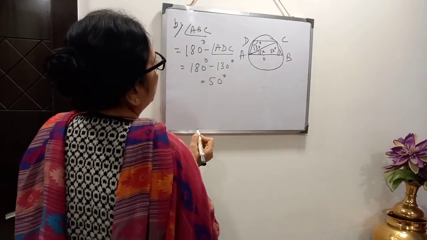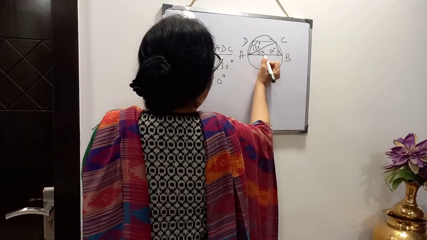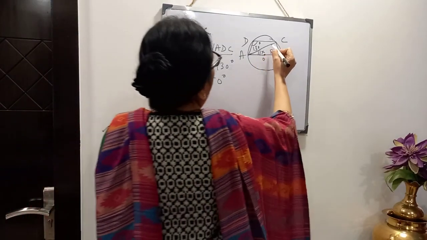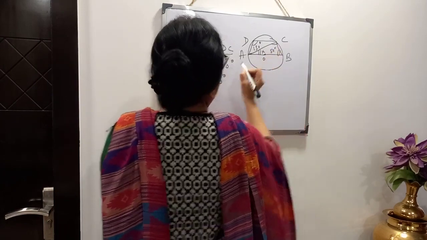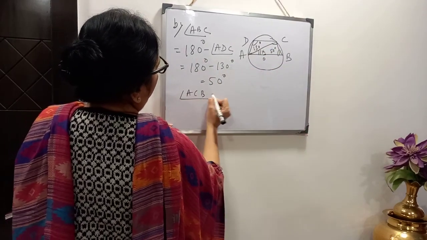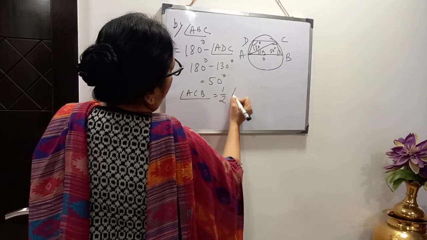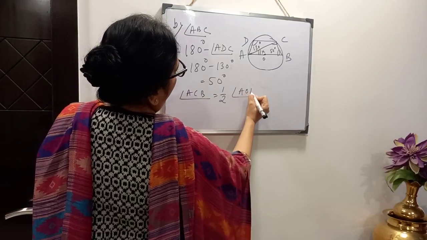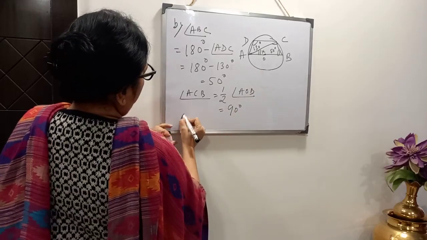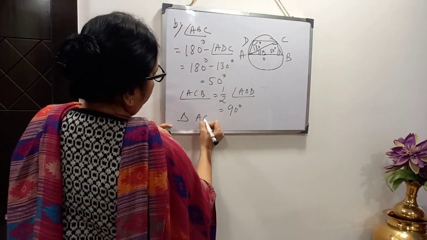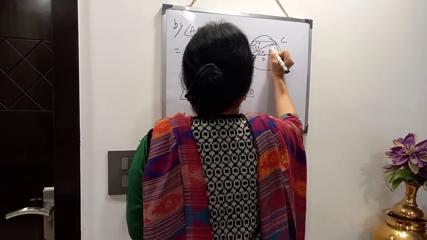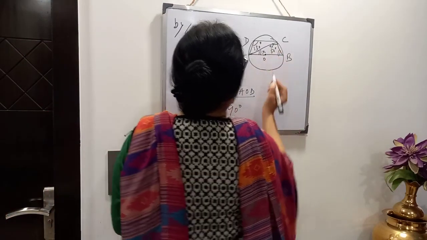Now again, by the property that the angle at the center is double the angle at the circumference, the value of ACB, writing ACB, will be half of angle AOB. So it is coming 90 degrees. Now in the triangle ACB, we know this, we know that, and we have to calculate this.